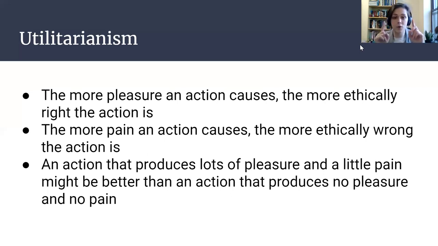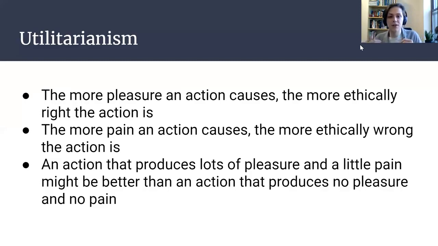So this is important. The amount of pleasure and pain produced by an action can weigh against each other. If an action produces a lot of pleasure and a little bit of pain, that's overall a good action, the utilitarian will say.